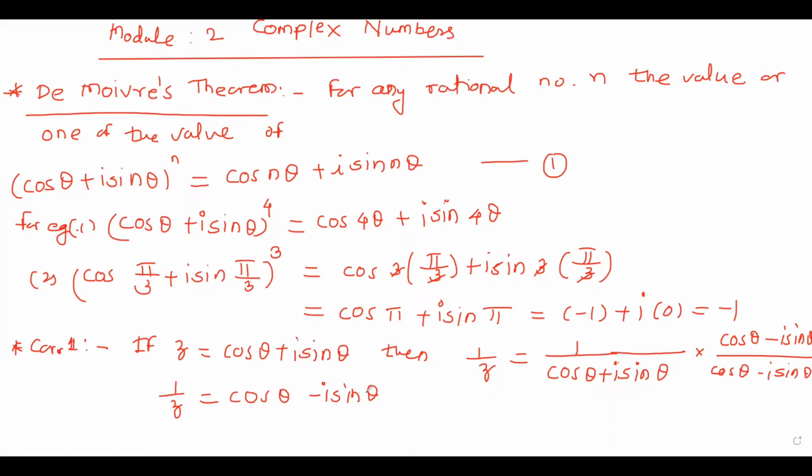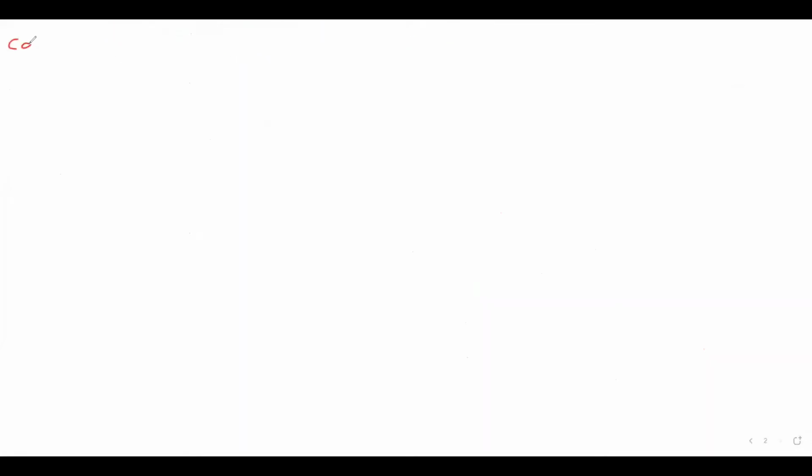Similarly, we have certain results. Corollary number 2: cos of theta minus i into sine of theta raised to n will be nothing but cos of n theta minus i into sine of n theta. What exactly happens?